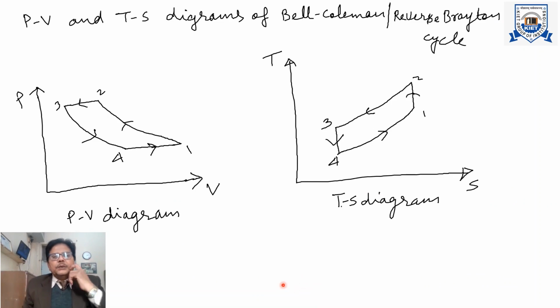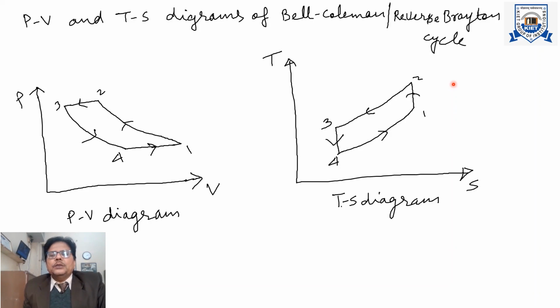This slide shows the pressure-volume and temperature-entropy diagrams of a Bell-Coleman or reverse Brayton cycle. From the PV diagram, process 1 to 2 is an isentropic compression. Air enters the compressor at state 1, and during compression its pressure increases to P2. From the TS diagram also you can see this compression is isentropic because entropy in this process is constant.